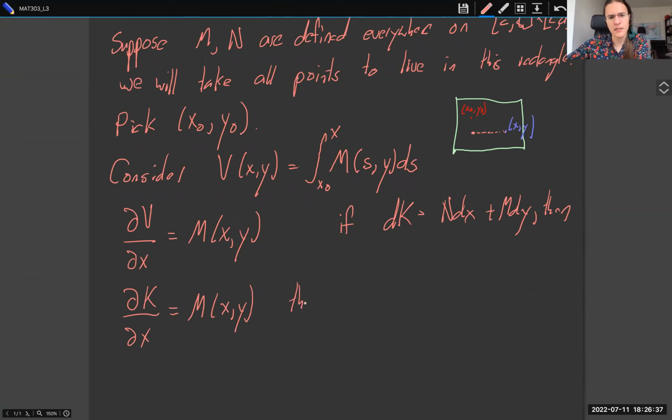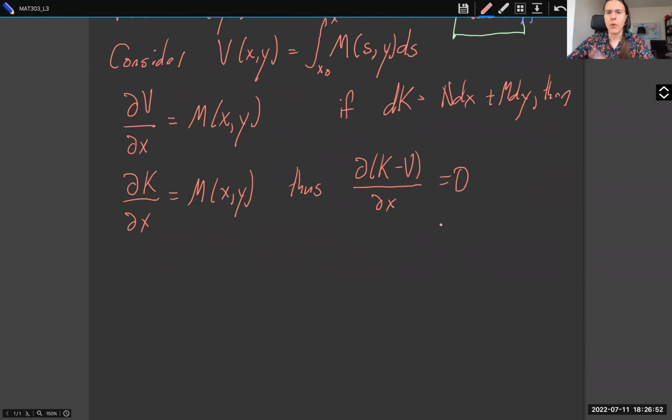Thus, the partial derivative of k minus v with respect to x is equal to 0. And what that tells us is that k minus v is a function of y alone, because at no point does it depend on x.